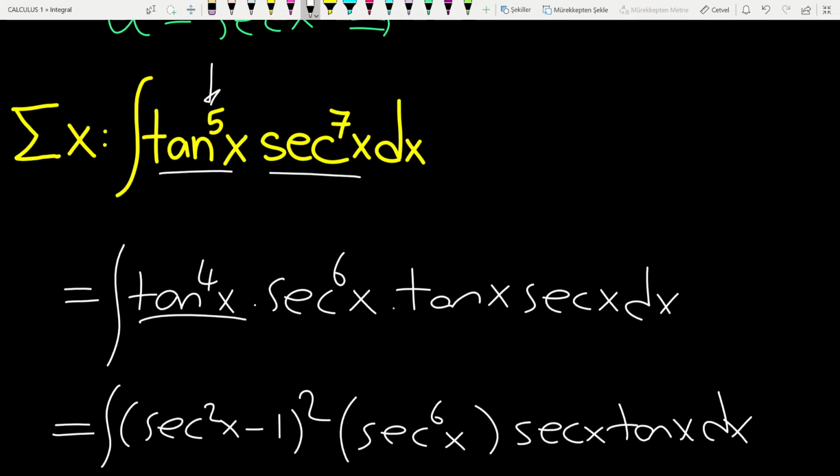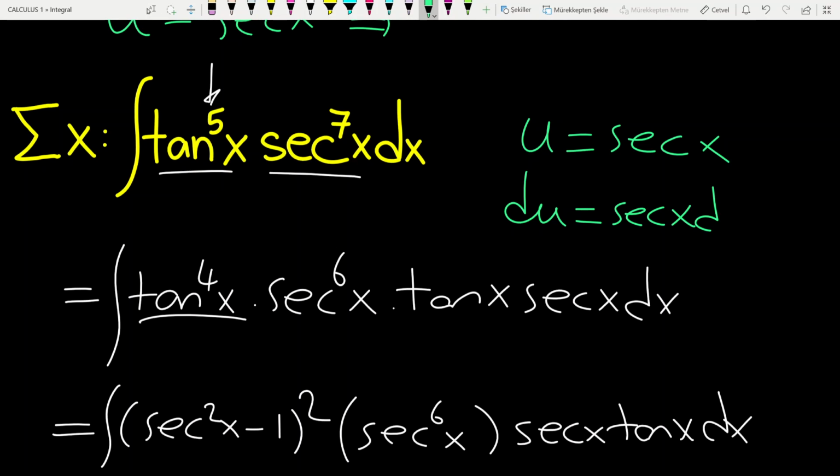In this case, I use u-substitution. I say u is equal to secant x; differentiating each side of this equality, du is secant x tangent x dx. I use this substitution in this step.